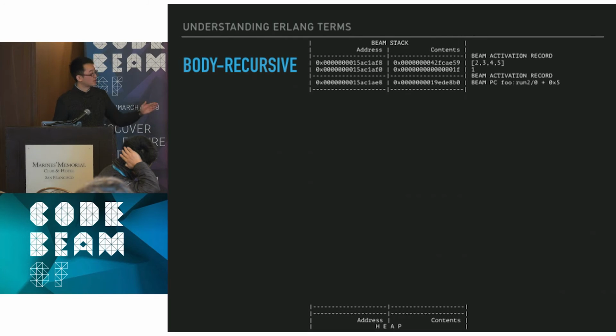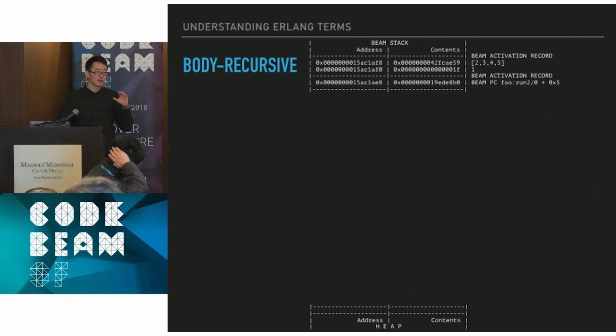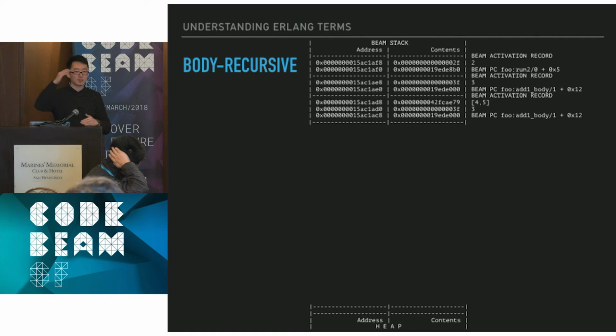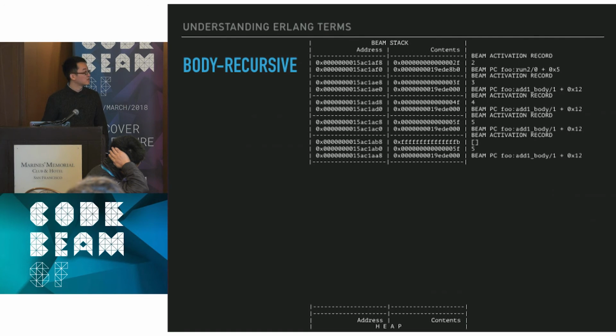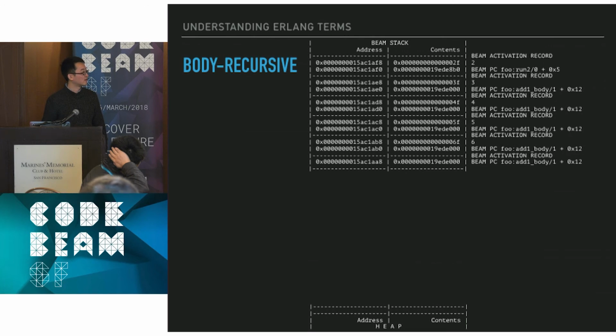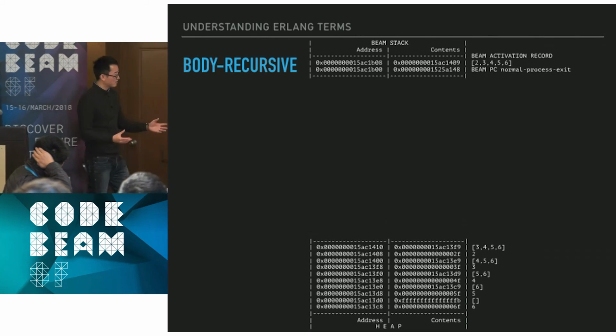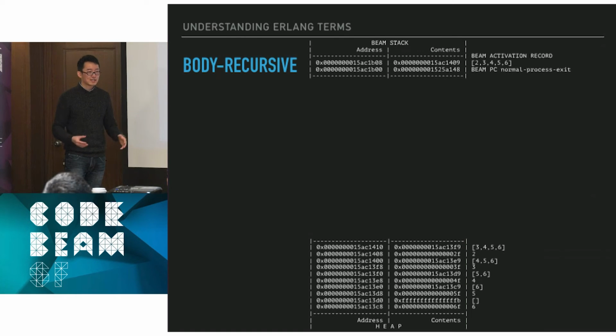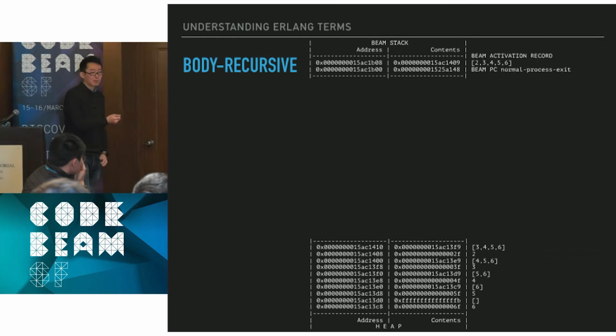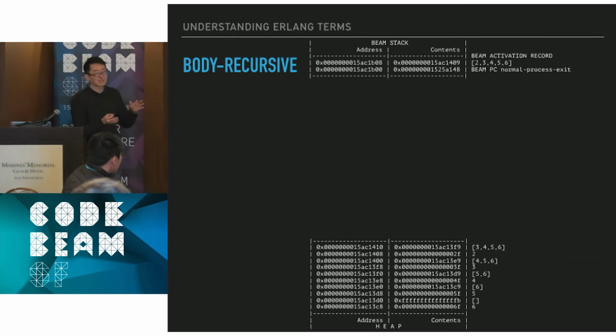On the body-recursive part, the heap stays the same, but the stack keeps growing, and in the end, it copies everything to the heap. So as you can see, even the body-recursive function doesn't leave unlinked memory. It even looks cleaner.